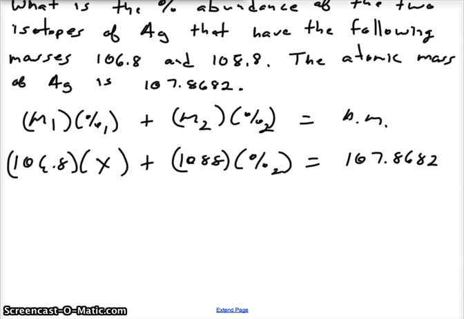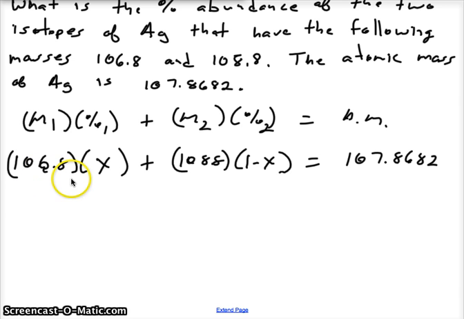And so this one over here must be 1 minus x, because x plus 1 minus x equals 100%. And so this will give us our percent. There's a little bit of algebra there for you.